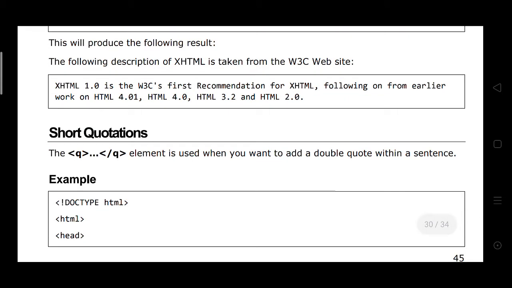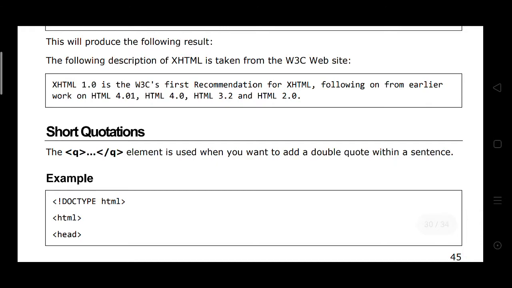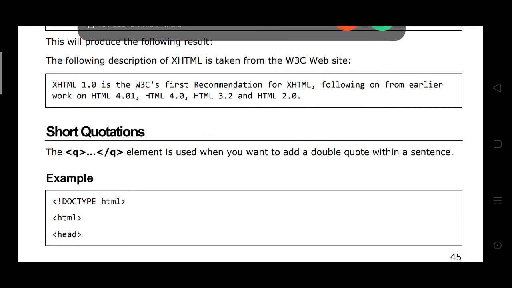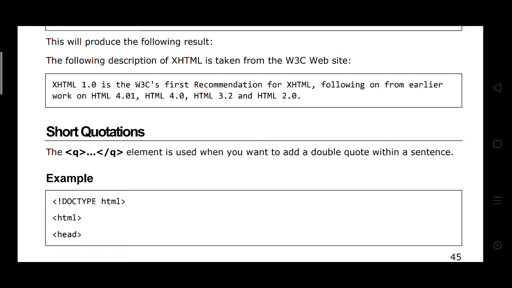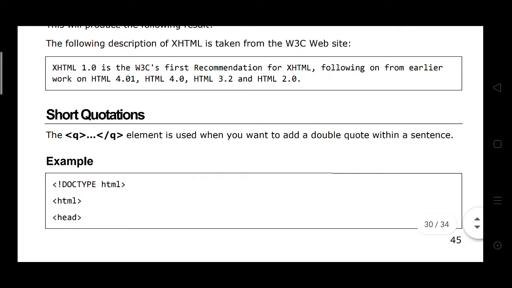Short quotations. The Q element is used when you want to add double quotes within a sentence.